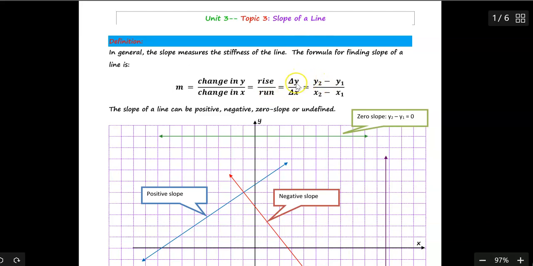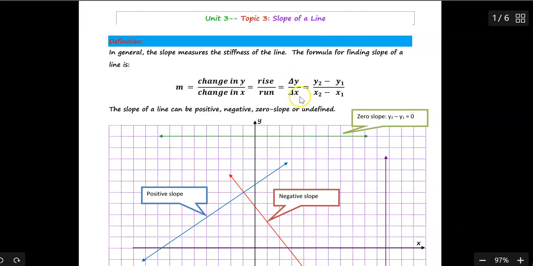The advanced notation for the slope is delta y divided by delta x. That means you take y2 minus y1 over x2 minus x1. It's always like this: y2 minus y1, x2 minus x1. So rise over run, or change in y divided by change in x. You see this delta y over delta x a lot in advanced calculus.